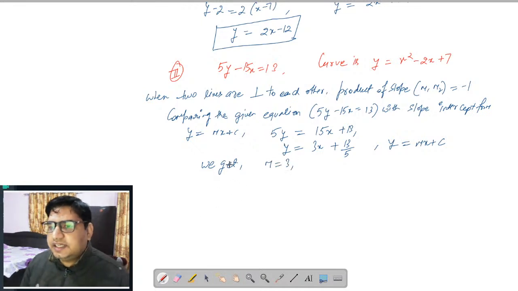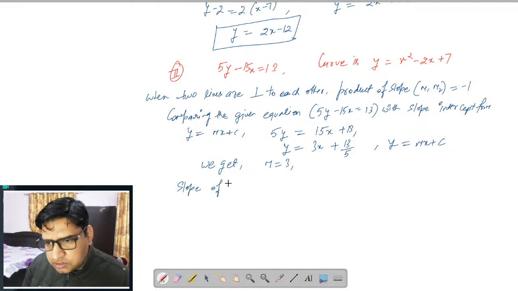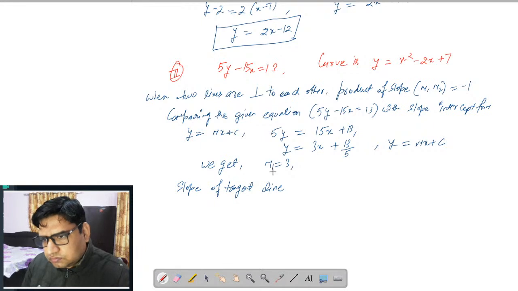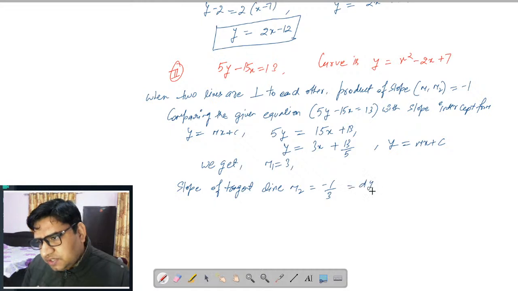And the slope of the tangent to the curve, the slope of the tangent line, will be m2 is equal to -1/3. That is equal to dy by dx, which is d by dx of x square minus 2x plus 7.